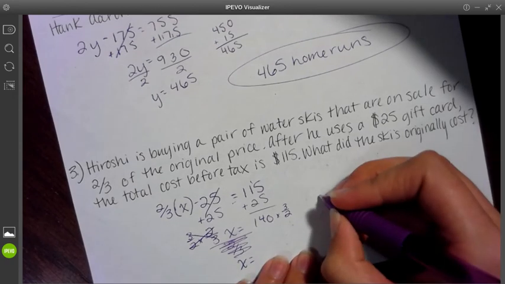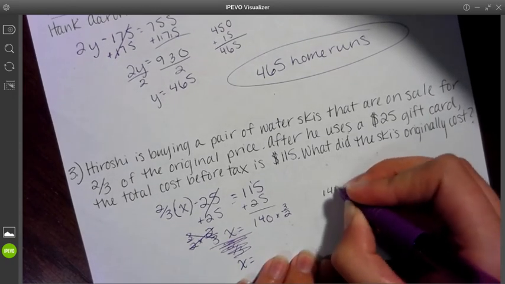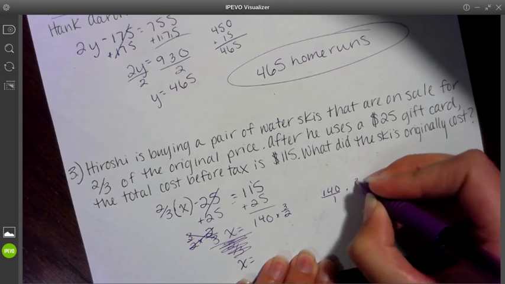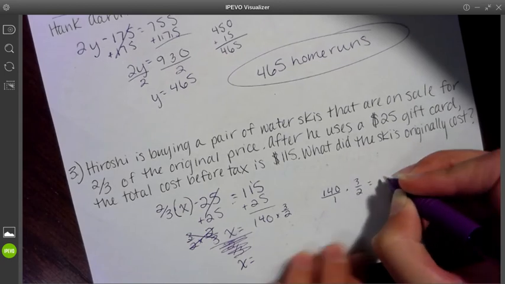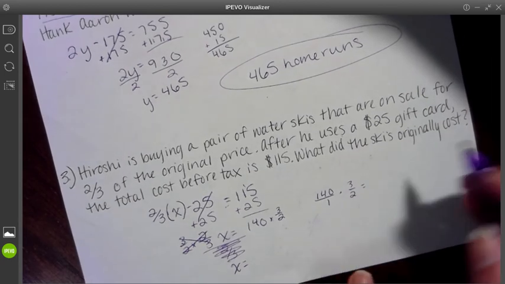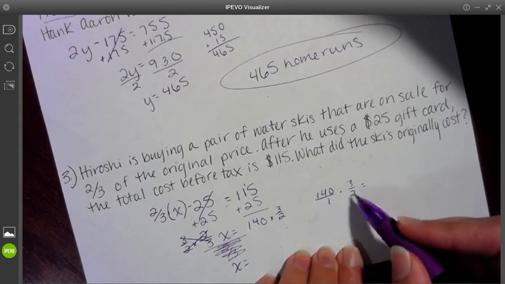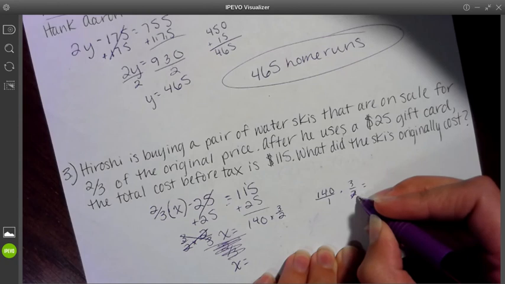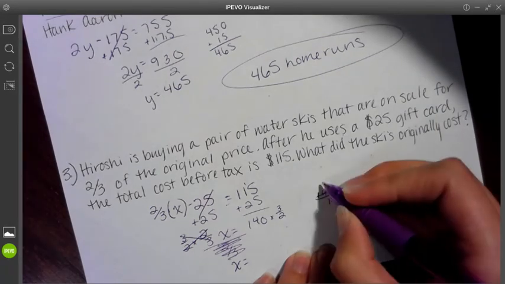Well, 140 times 3/2 is like 140/1 times 3/2. I can cross reduce here, right? 140 is even, so I can divide it by 2. So 2 divided by 2 is 1. 140 divided by 2 is 70.